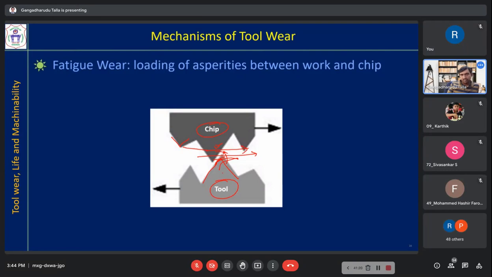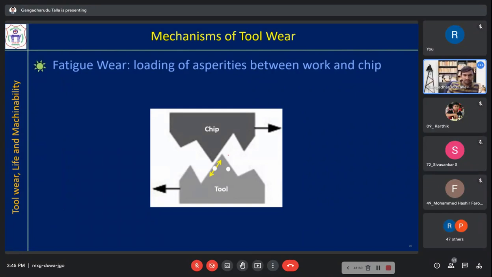So there is a repetitive action. This will create fatigue in the tool material, or this asperity. After some time, whenever a new asperity comes from the chip and interacts with the tool, it may break. Repeated loading and unloading. So that is fatigue wear.